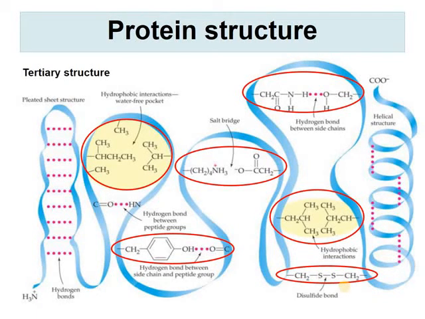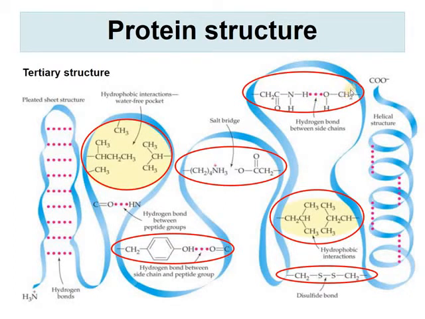And then the fourth interaction, that's where we actually find hydrogen bonding again. The hydrogen bonding there is formed between either the side chain and a peptide group, or you can also find the side chains themselves forming hydrogen bonds with each other.